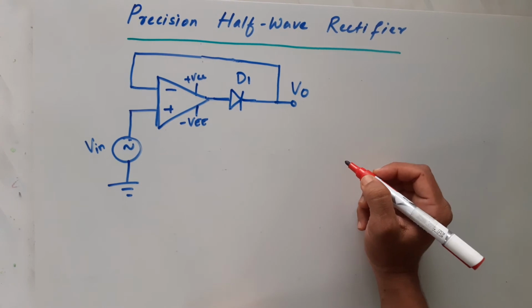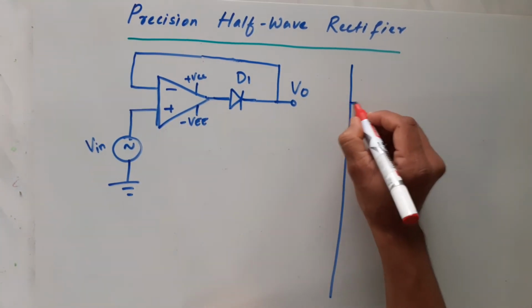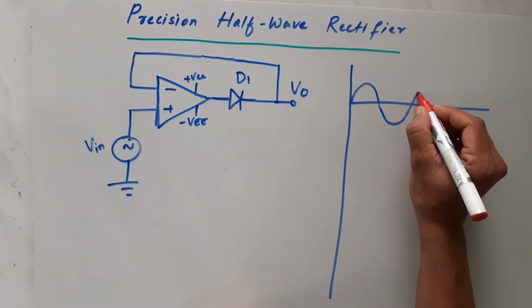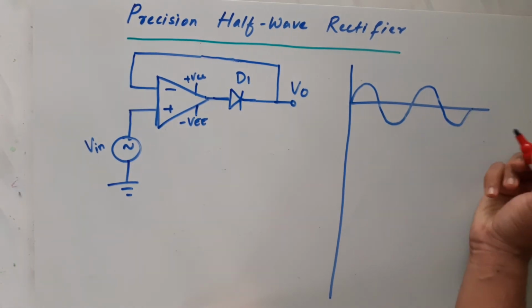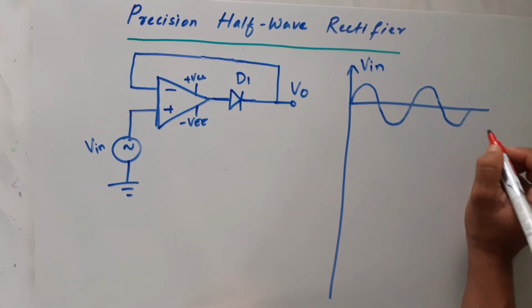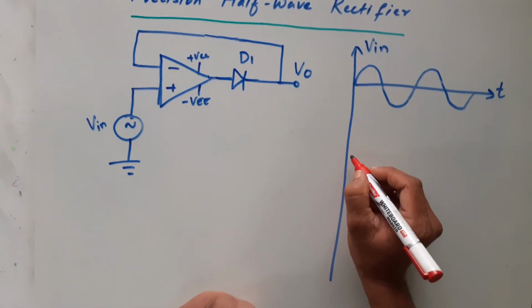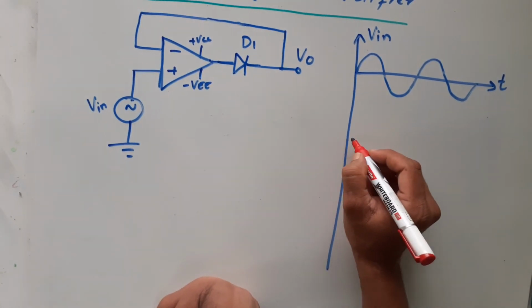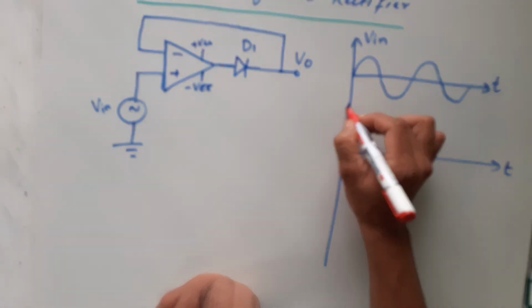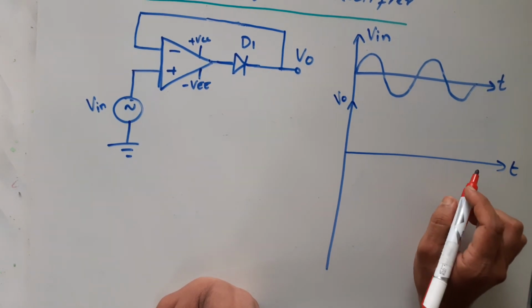Now how will your waveforms be? See here, if this is your AC input V in, how will your output V0 be?